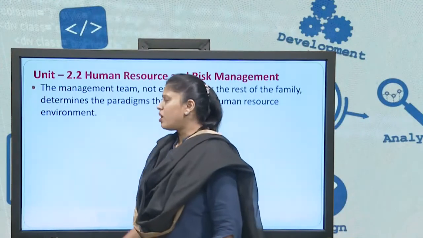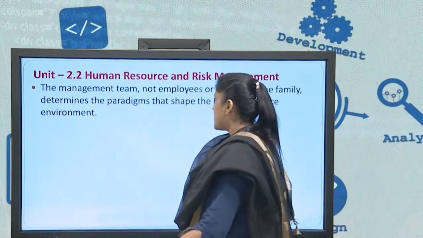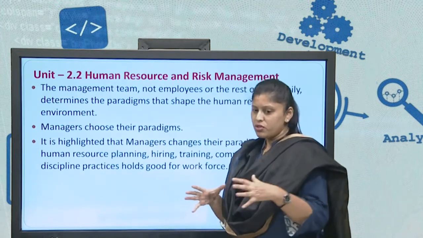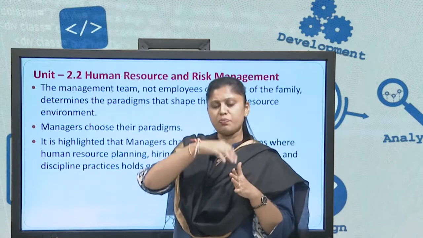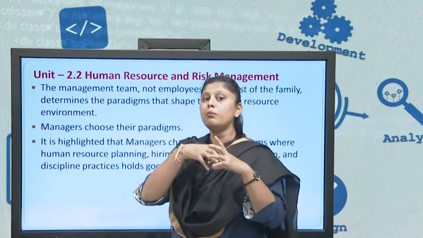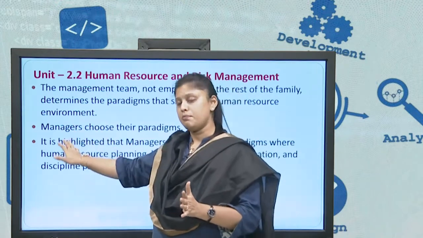So it is always the top management who decides for the HRM. Managers choose their paradigms. Those topmost managers will see that this is paradigm 1, paradigm 2, paradigm 3, and they will see which is going to work more with the employees, and that suitable paradigm will be chosen by the managers.